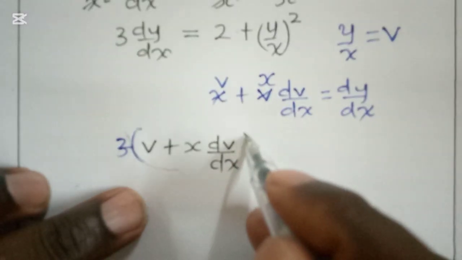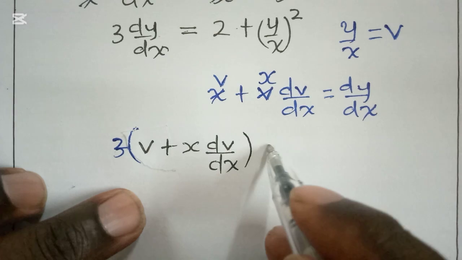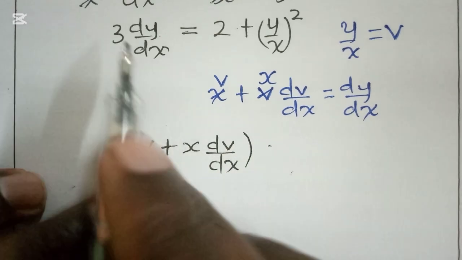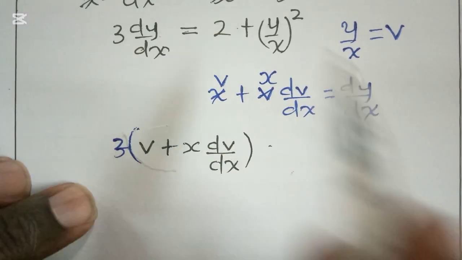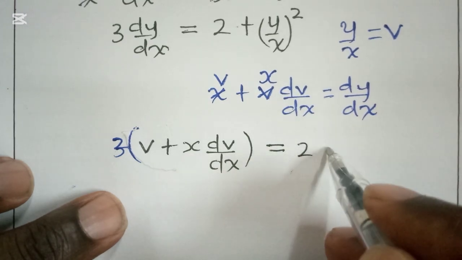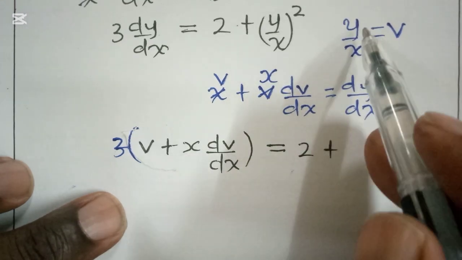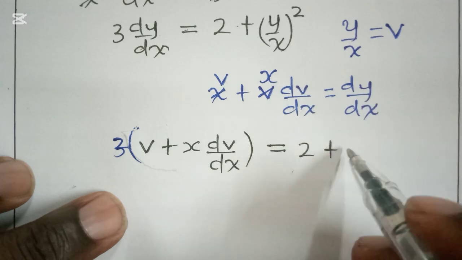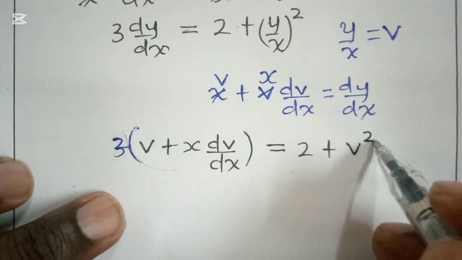This is equals to 2 plus, replacing y over x with v, v squared.